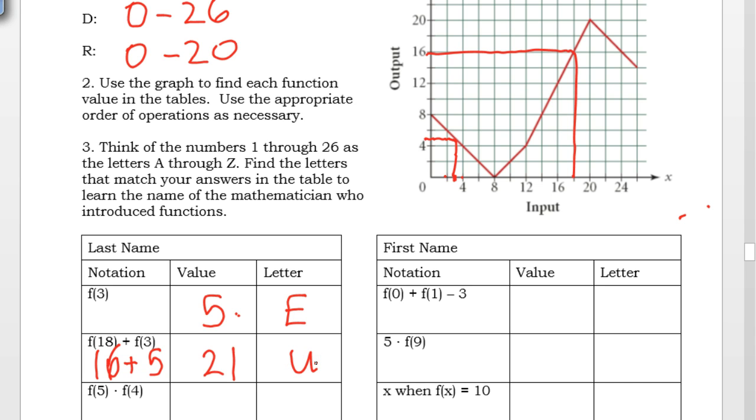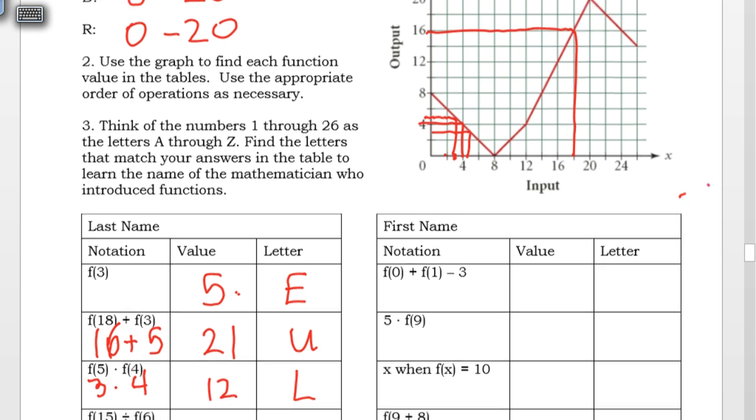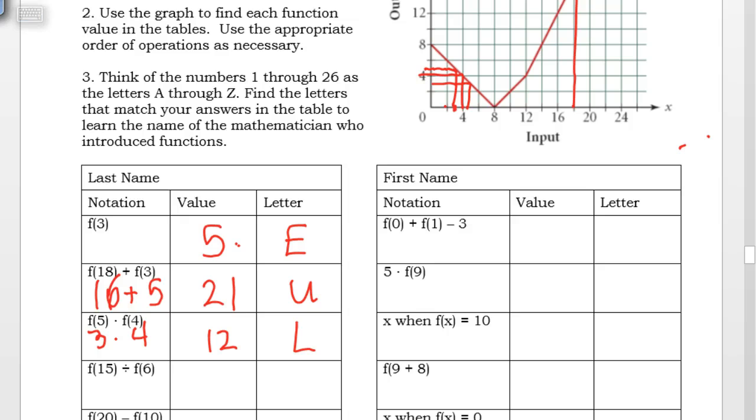Now we'll do f of 5, that's 3, f of 4, that's 4, and I got 12, and that's an L. And f of 15 divided by f of 6.